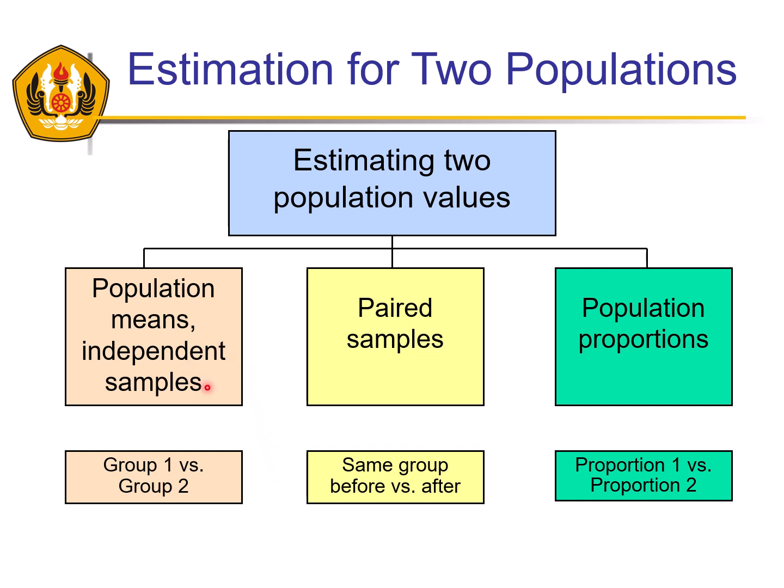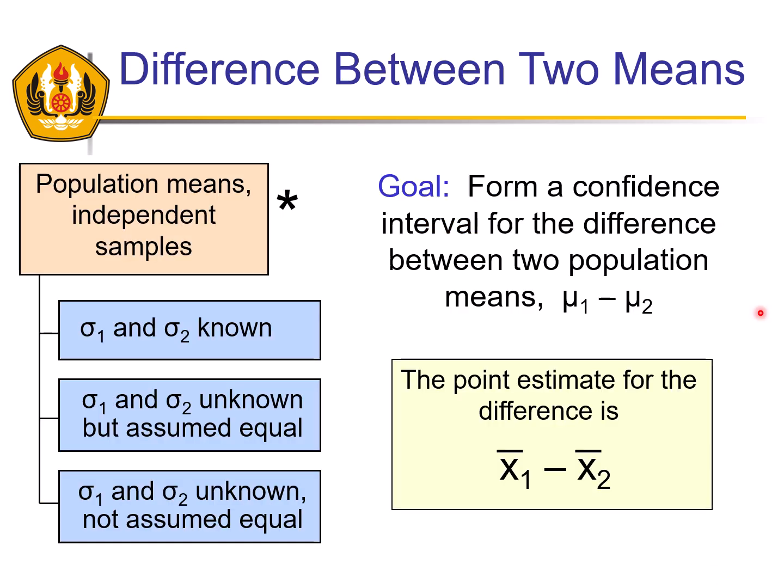We can also do a paired sample test if the populations are dependent, and we can also test population proportions. The first thing is testing the difference between two means.